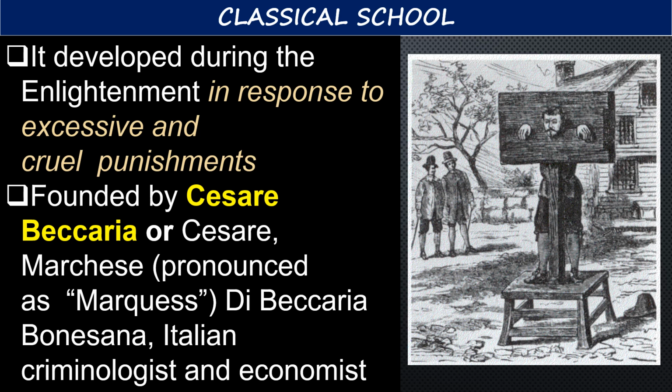In response to that, the classicalists came up with this classical school of thought, in which they tried to react against the excessive and cruel punishments that were enforced during the pre-classical school.